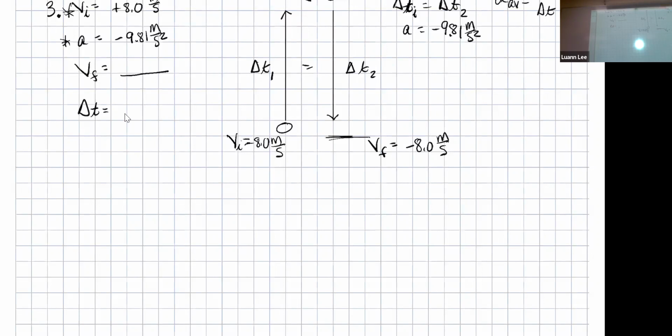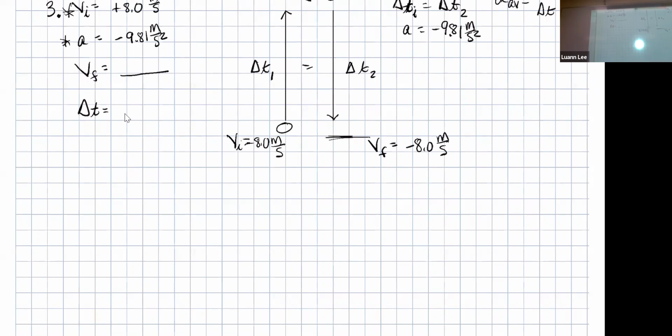Okay, so when you find one of them, you get 0.81, right? No, I got 1.6. Because I have -8 minus 8 divided by... You're only doing half of the trip, so it's a 0. Either final or initial is 0. One of them is 8 and one of them is 0, depending on whether you're calculating the upside or the downside.